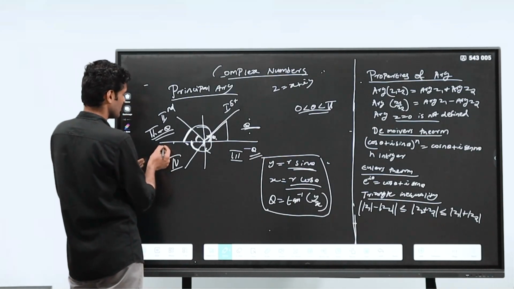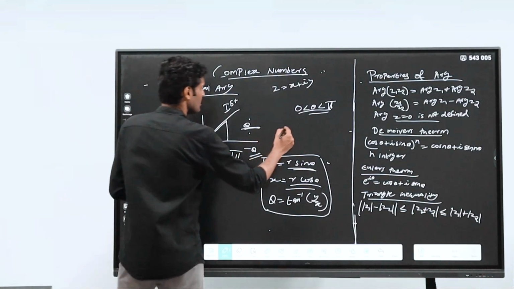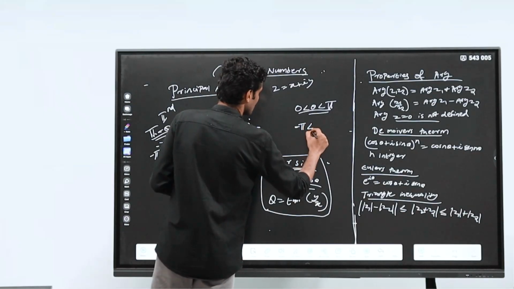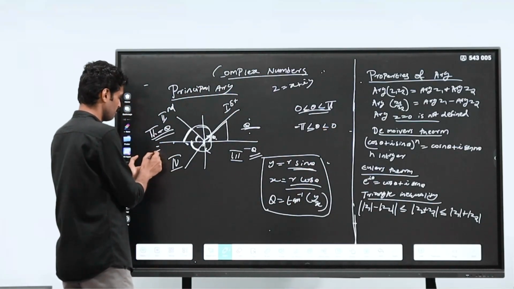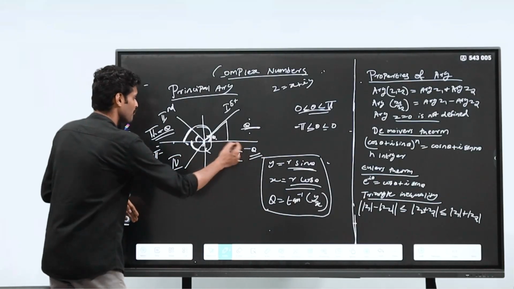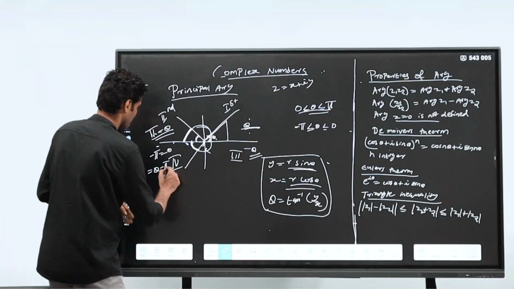The range will be 0 to minus pi right here in the third and fourth quadrant, minus pi less than or equal to theta less than or equal to 0. So minus pi, then minus theta, that is theta minus pi.